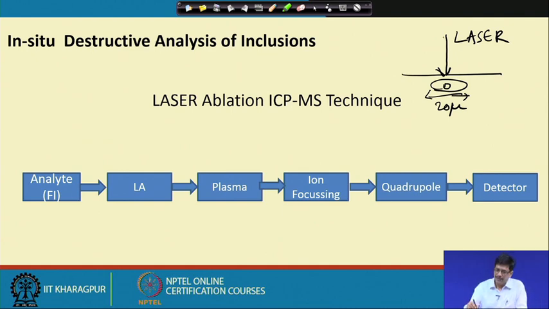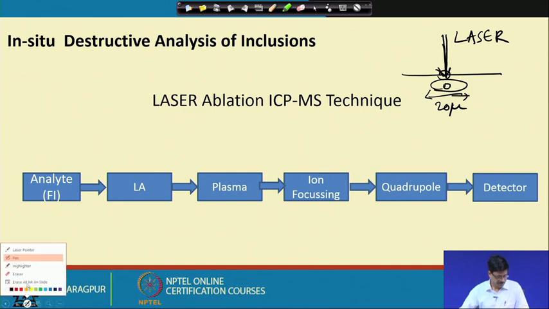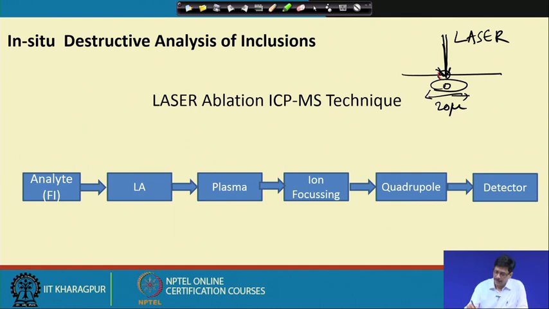What will happen is, as and when this laser keeps hitting the surface, the material here, because of the very high temperature from the very high energy laser, will essentially ablate or evaporate, the material just above the host mineral, which is just above the inclusion.